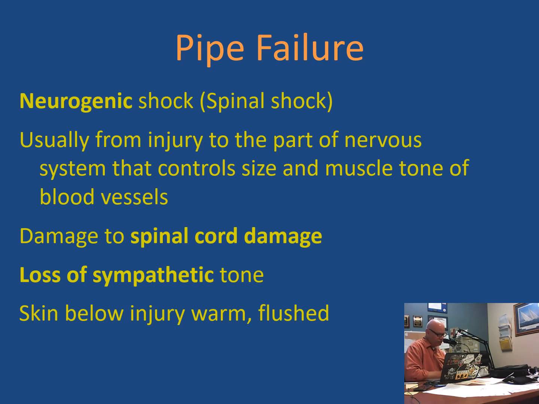All right, for you to have neurogenic shock, you have an inability to talk to your adrenal glands, which sit on top of your kidney. So you need your spinal cord to be intact down to your thoracic area. A lumbar fracture does not cause neurogenic shock, because if you have a lumbar fracture or a low thoracic spine fracture, you'll still be able to talk to your adrenal glands.